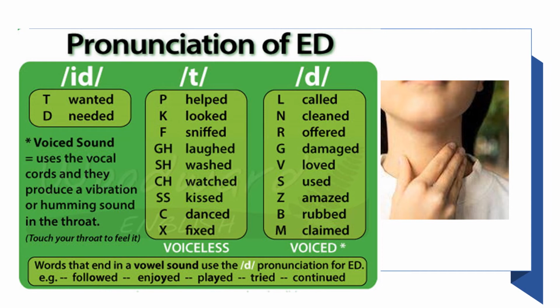Now, if the base form of the verb has t or d at the end, then ed at the end of that past form of the verb will be pronounced as id, such as wanted, needed. And all the vowel sounds are voiced sounds.